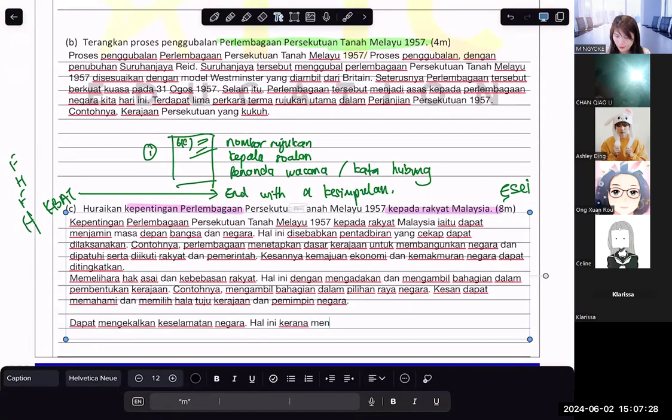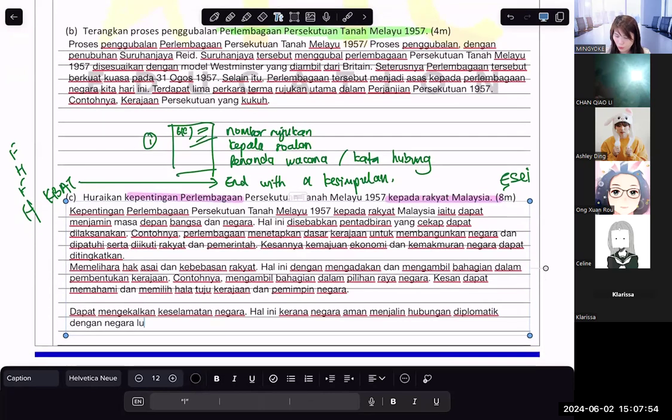Hal ini kerana negara aman menjalin hubungan diplomatik dengan negara luar.